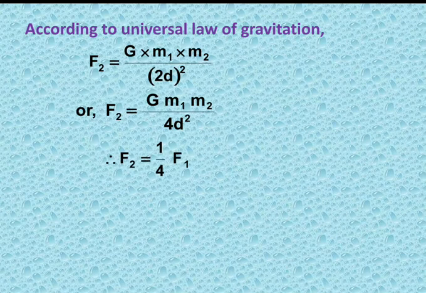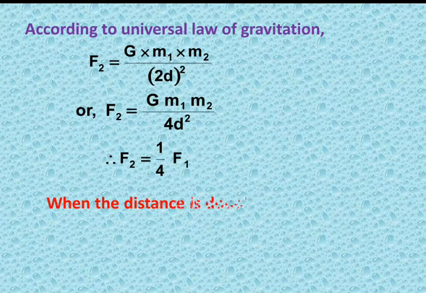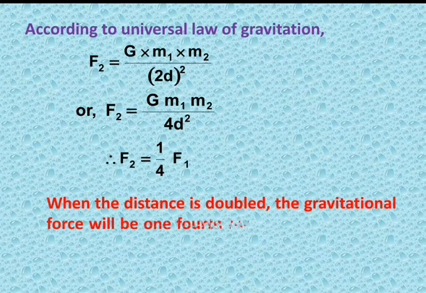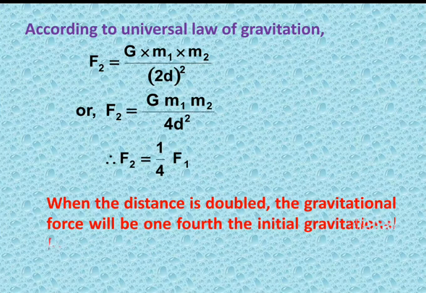Therefore, F2 equals 1 upon 4 F1. When the distance is doubled, the gravitational force will be 1/4 the initial gravitational force.